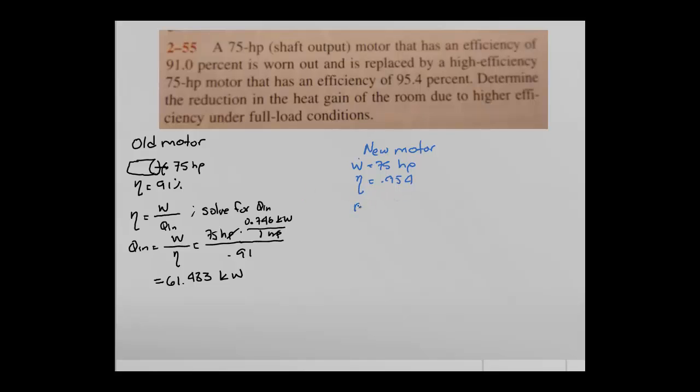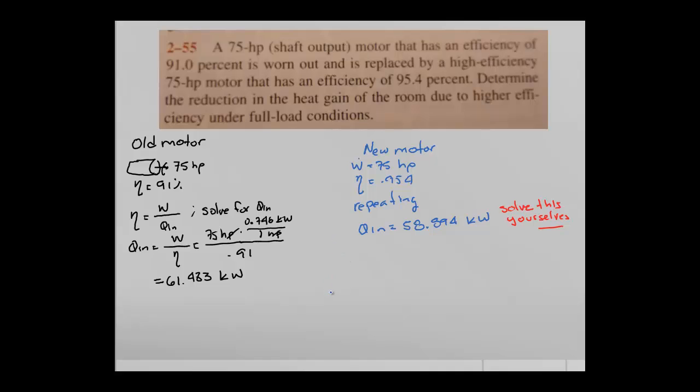So repeating the same procedure, we can get that the heat inlet will be 58.894 kilowatts, and I would like to ask that you solve this yourselves. Just check that we have the right number. You know that I can make mistakes in class.